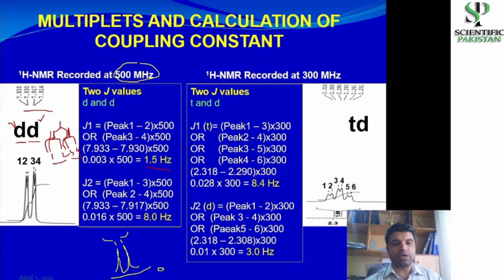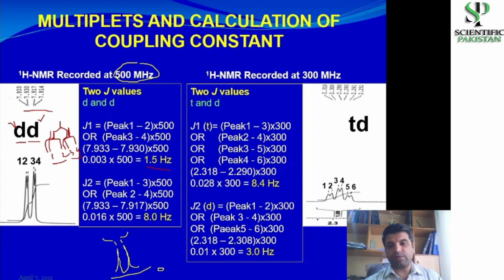Or you go down, go to the right, go down, go to the right. So 2 minus 4 will also give you the same value. So 1 minus 3 or 2 minus 4 multiplied by 500, 7.933 is 1 and 7.917 is 3. Multiply by 500 gives you 8 hertz. You can get the same value by the difference of 2 and 4.